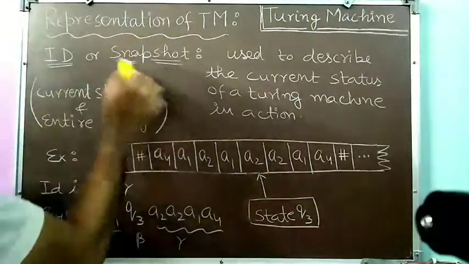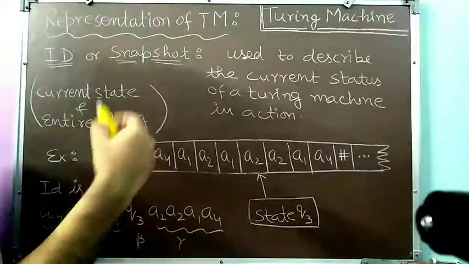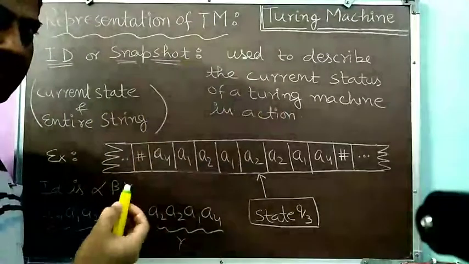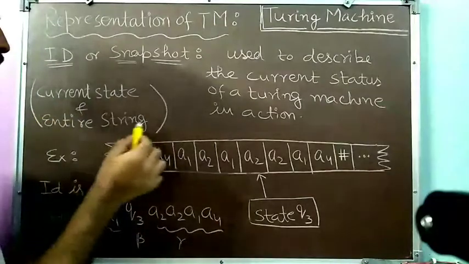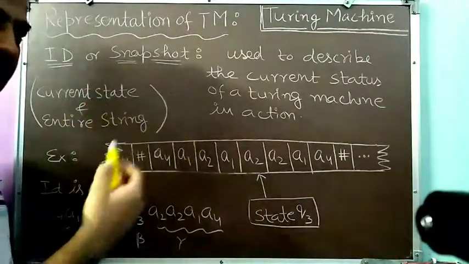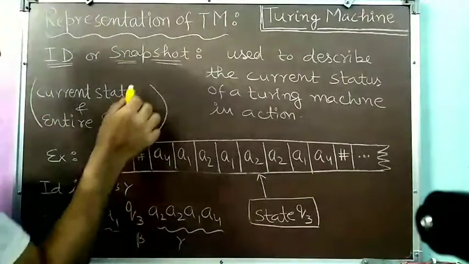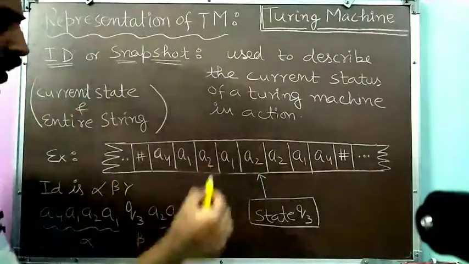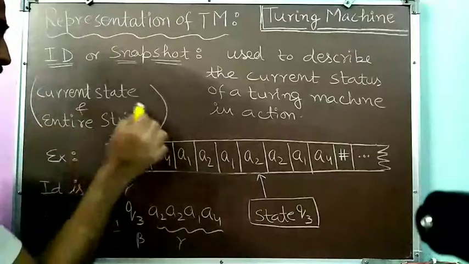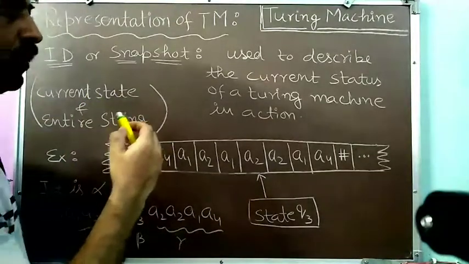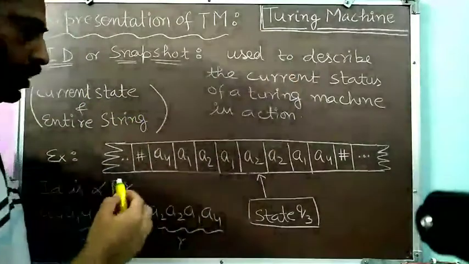But in case of Turing machine, we do not have any stack, so no status of a stack is required. We have only the tape where our string is stored, and then a finite state control, so the current state. Now why have we taken the entire string, not the string which remains to be processed?